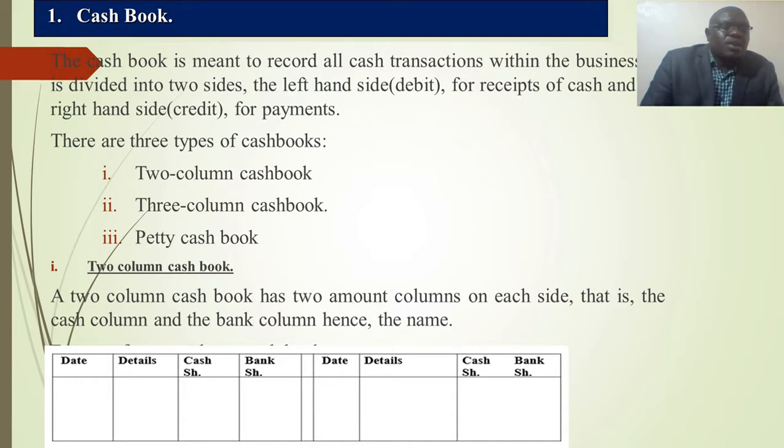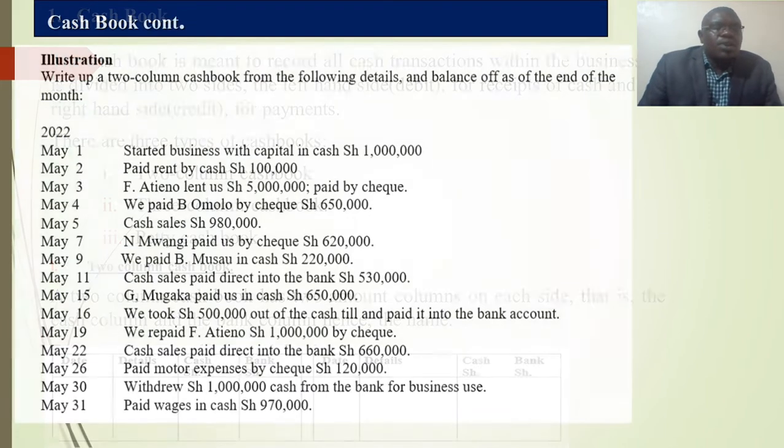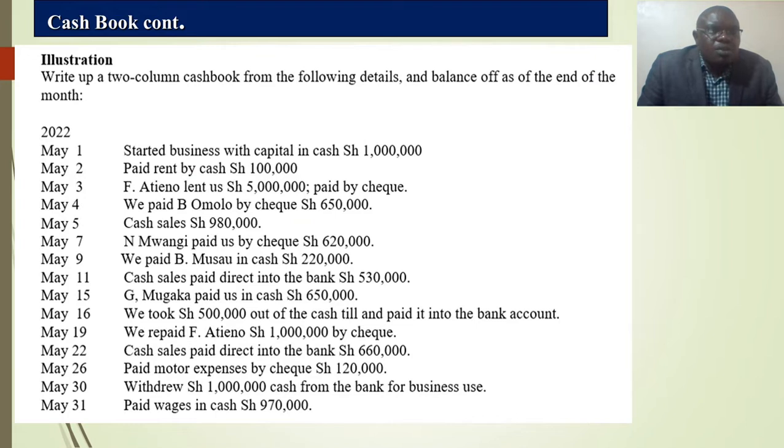Now, let us look at an illustration and see how we record transactions in a 2-column cash book. Illustration: write up a 2-column cash book from the following details and balance off as at the end of the month. The year is 2022, the month is May. On May 1st, I started business with a capital of 1 million Kenya shillings.